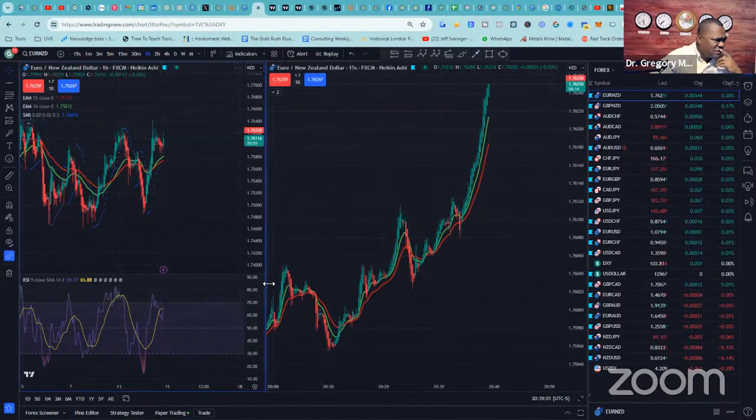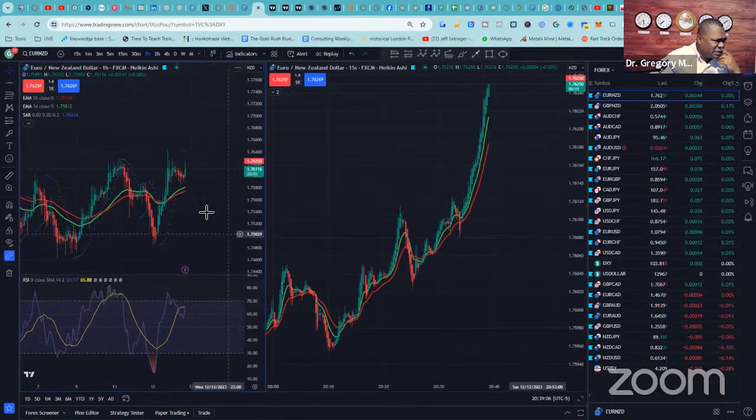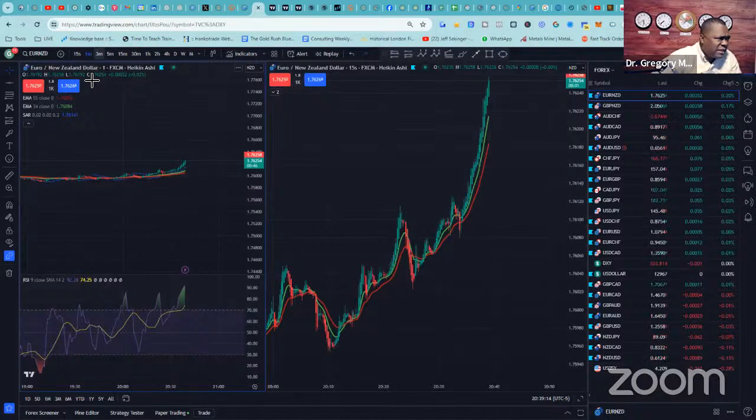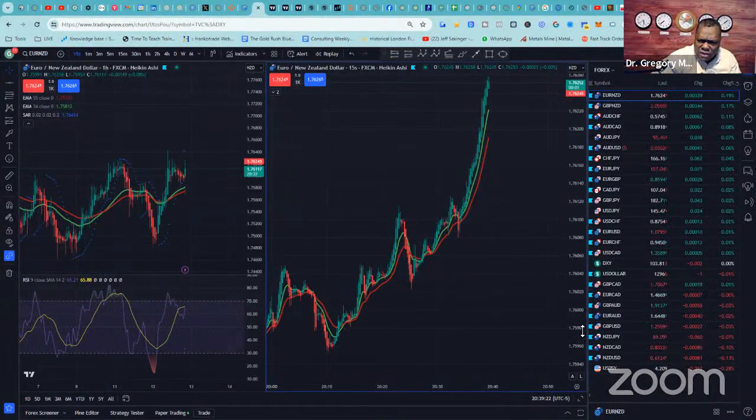We're popping. We're popping on the 1 hour. But we want to see some type of a pullback or a little break. No, not that. Go back to the hour. Look at that. New Zealand dollar must be dropping like a rock, right? Should be.